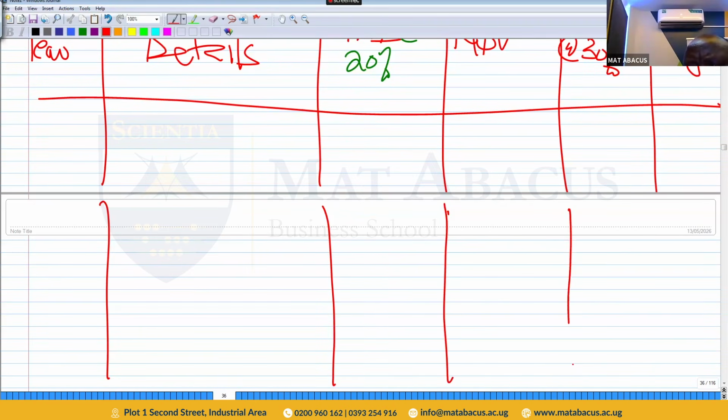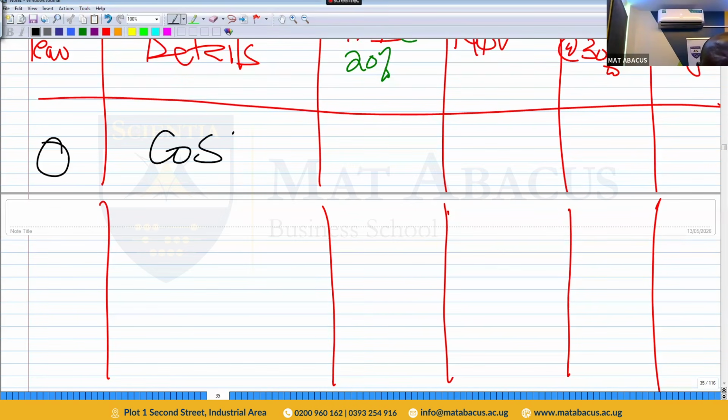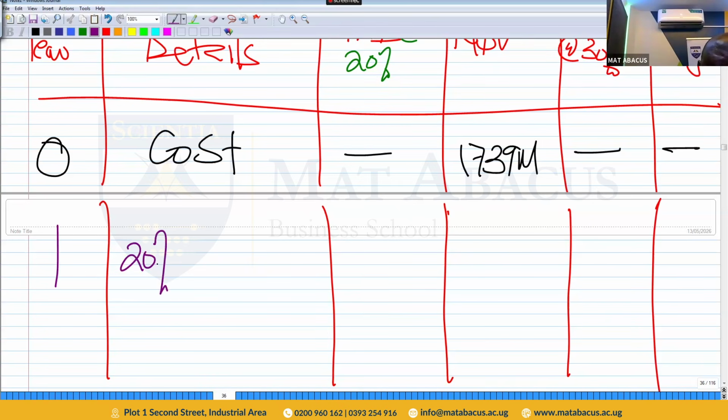A premium in the institution. So in year 0, we usually recognize the cost. The cost was 1739 million. There is nothing there. Then we start. In year 1, you will get 20% of the net book value, 1739.